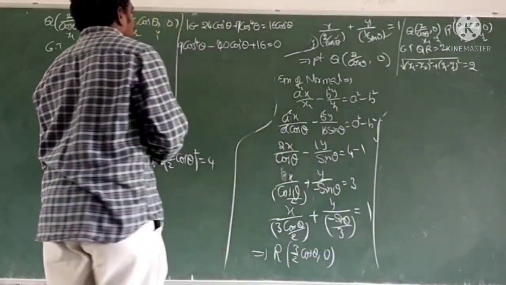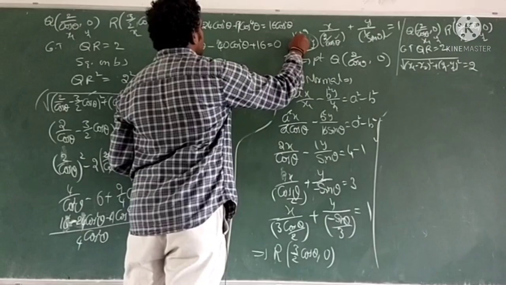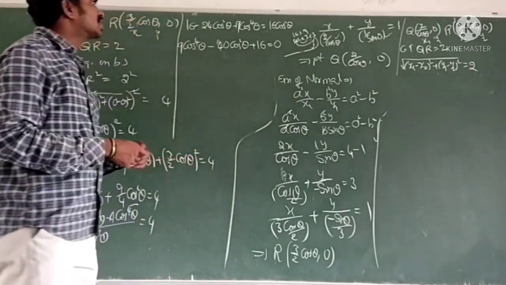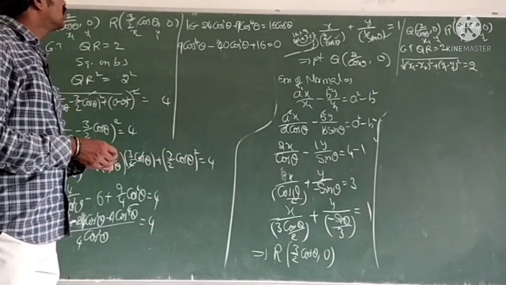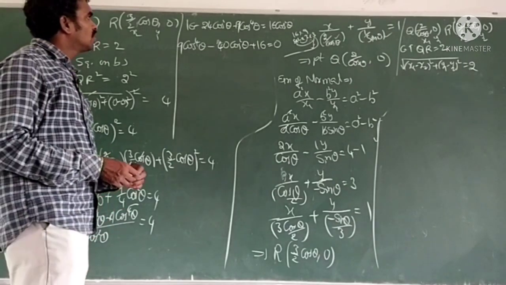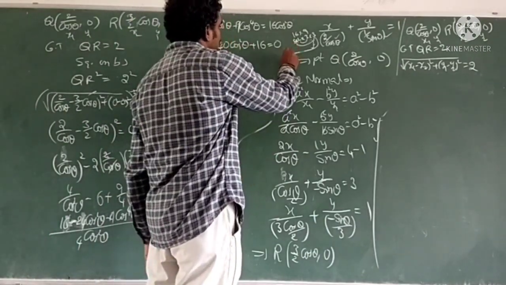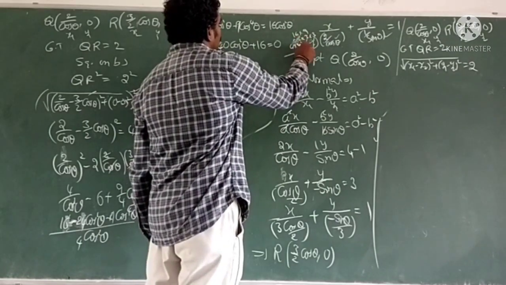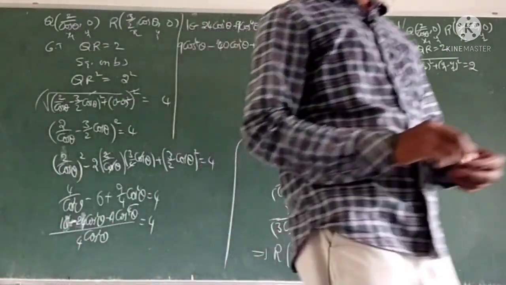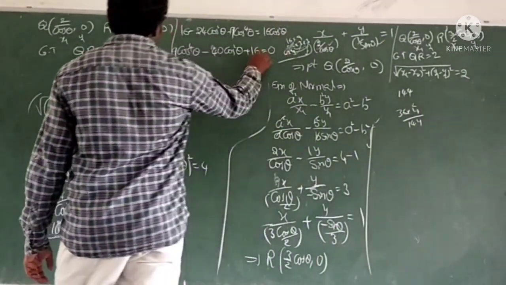For factorization, 16 into 9 is 144, and we need factors whose sum is 40. The factors are 36 and 4.